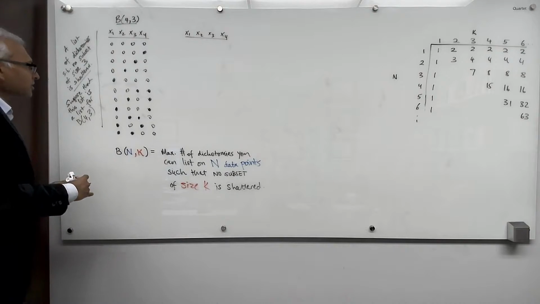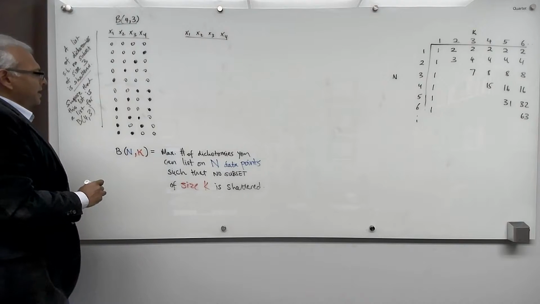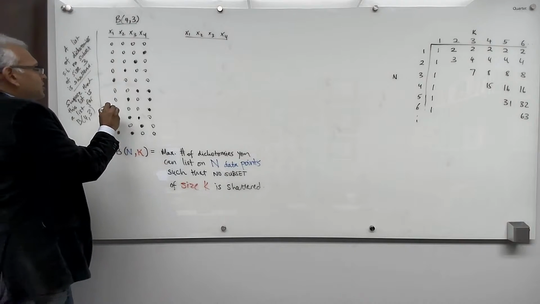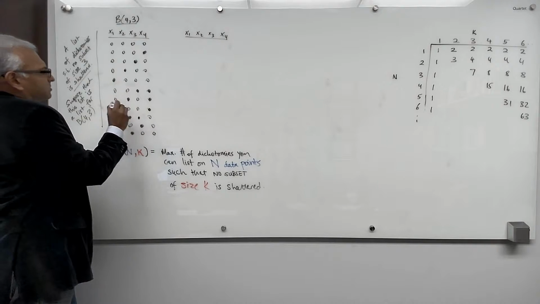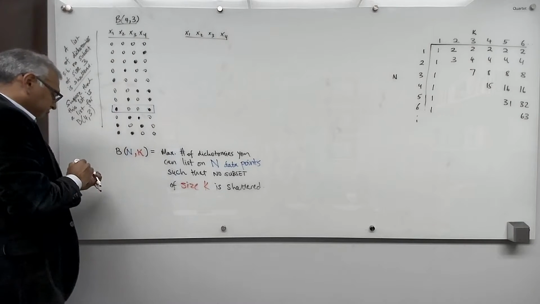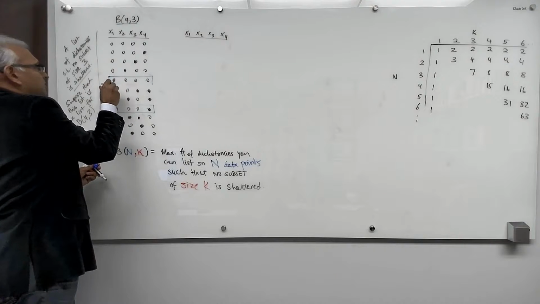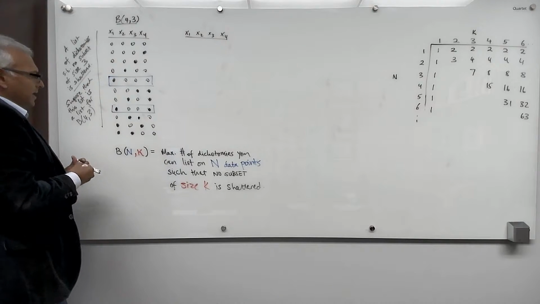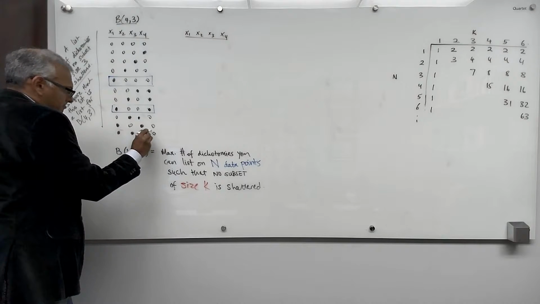Let's look at this dichotomy here, which is plus, minus, minus, plus. I'm going to box it. And let's also look at this dichotomy.